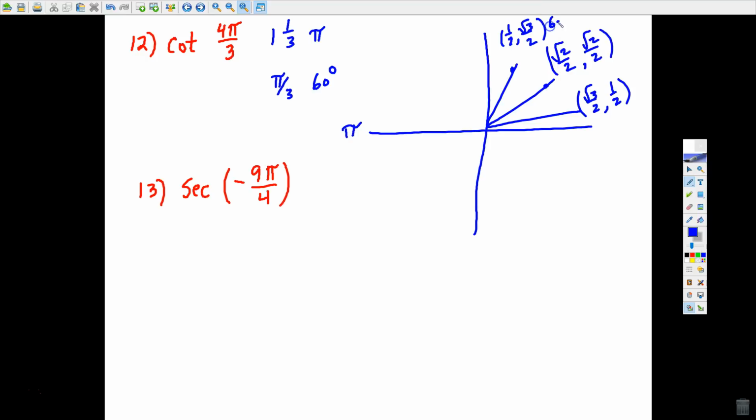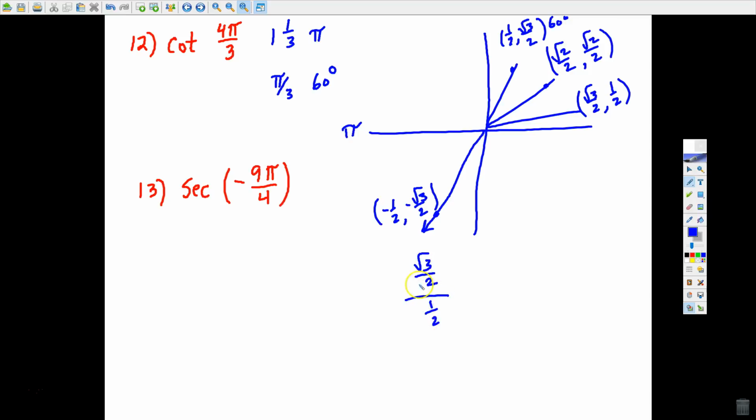So remember, this is the 60 degree angle. So we're basically looking at the other end of that angle. Pi plus another third of pi. Well, in quadrant 3, both of these coordinates from this ordered pair are negative. All right, and when we do tangent, we do y over x.